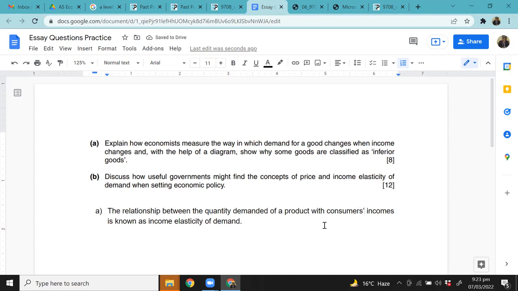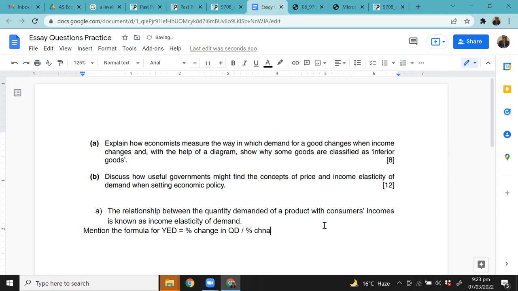Then you will write down the formula. You remember the formula? Formula for YED. Now, how do we denote YED? Income elasticity of demand, we write YED. Y stands for income in economics. So that is basically percentage change in quantity demanded of a product divided by percentage change in income.